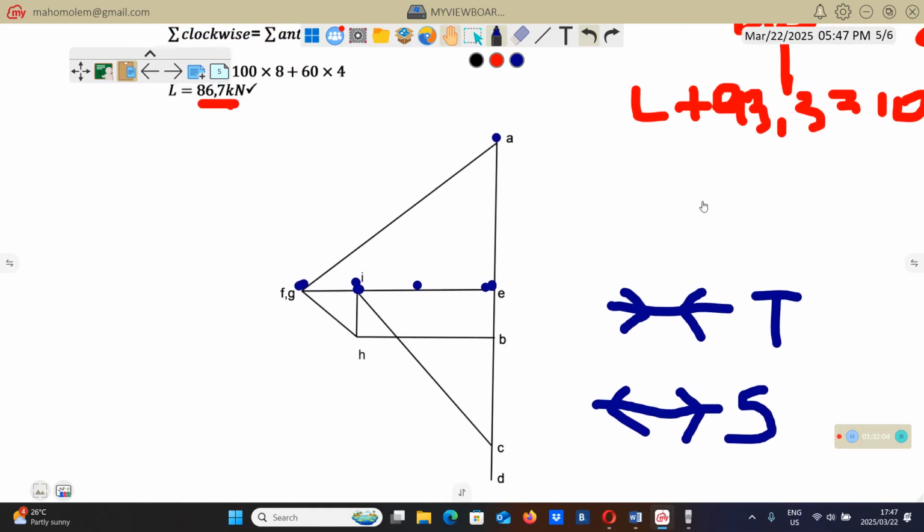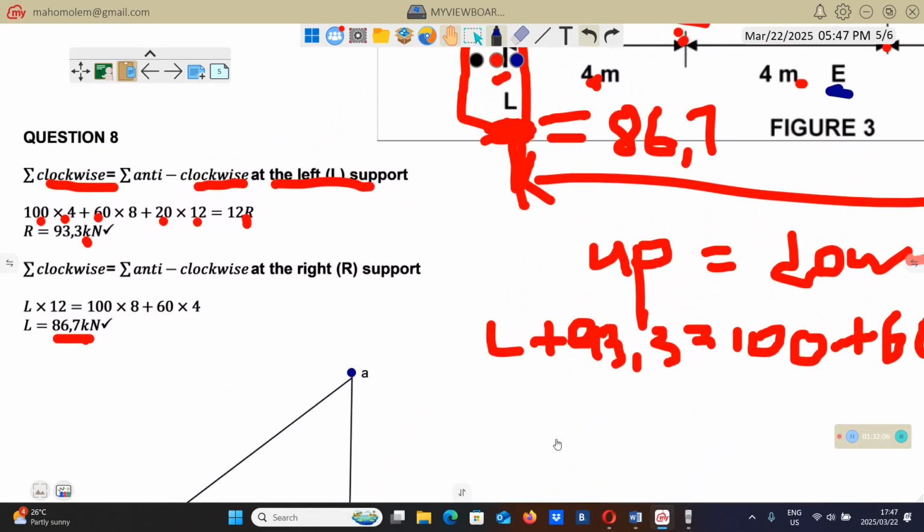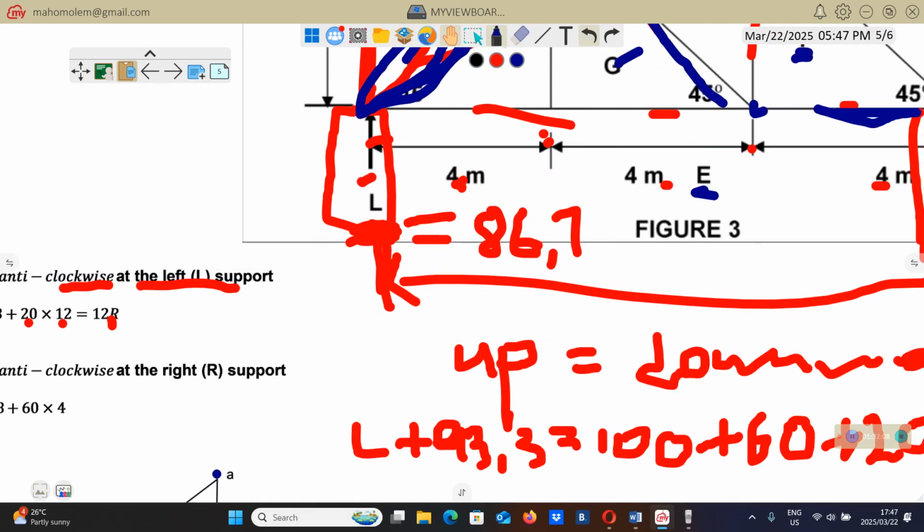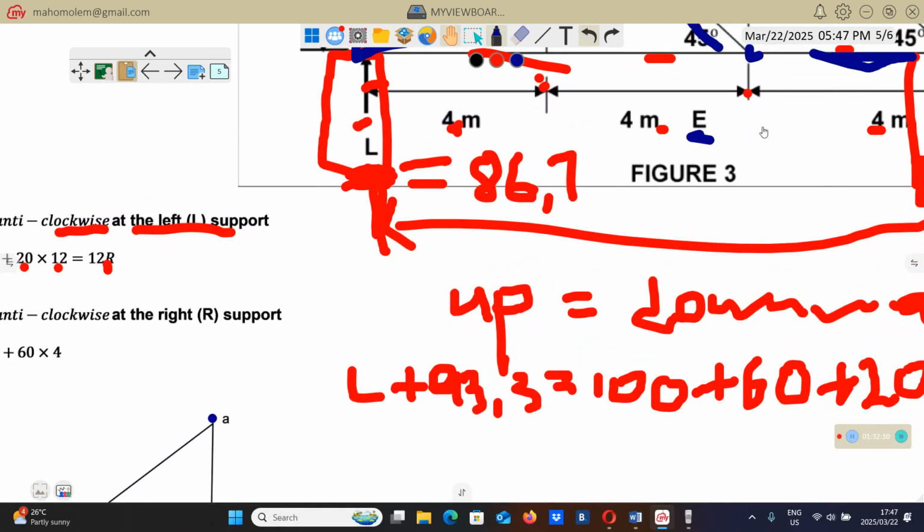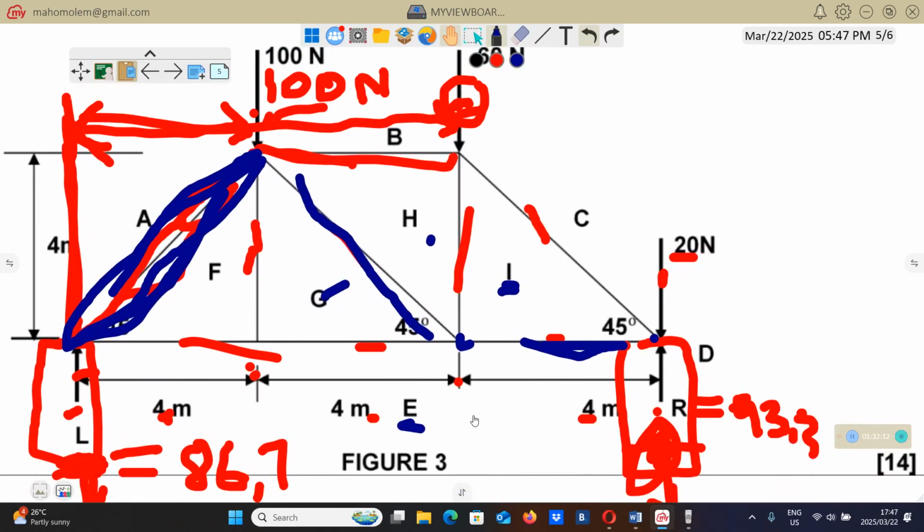So you will go to any joint. You will come here and choose any joint. To choose any joint, we prefer the one that will have less members. Let me try to erase these things.